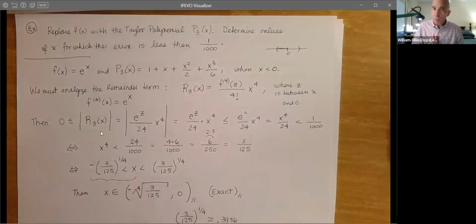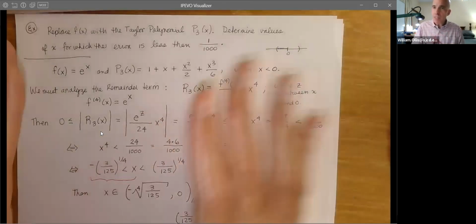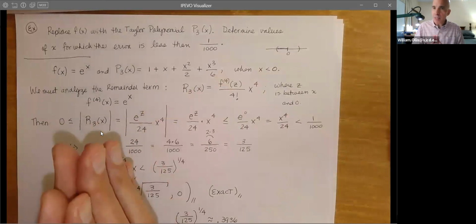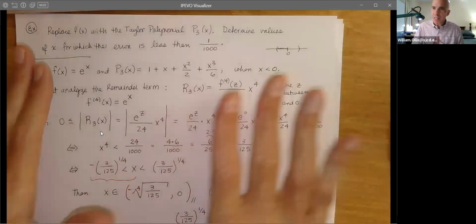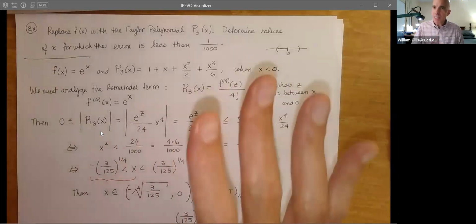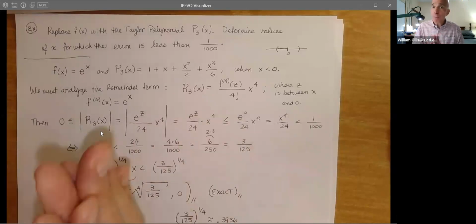Again, remember what's left in your calculus sequence and differential equations, and some of you will take partial differential equations. The infinite series are key to that understanding. So please spend some time on this and make sure that this is something that you're comfortable with. I've done a lot of examples and I've given you plenty of theory to make this realizable.